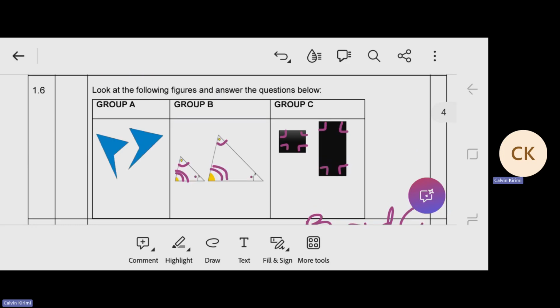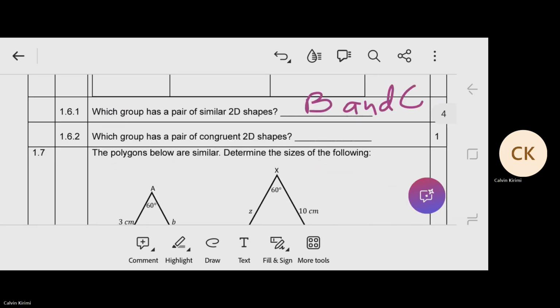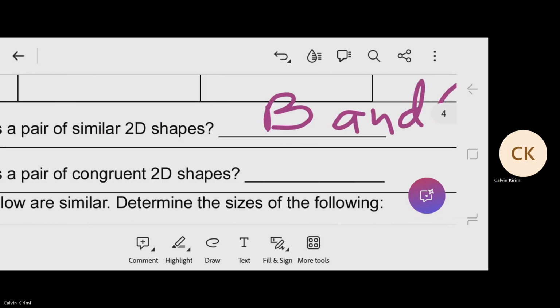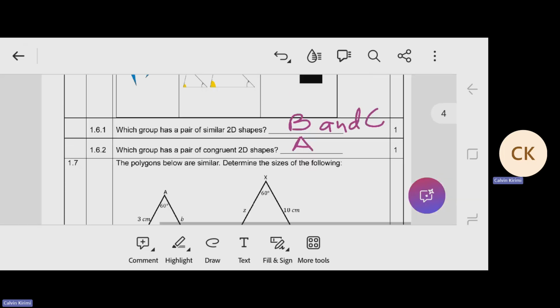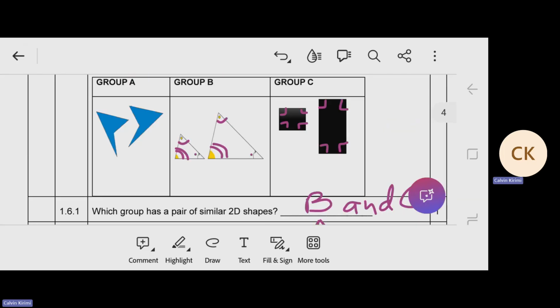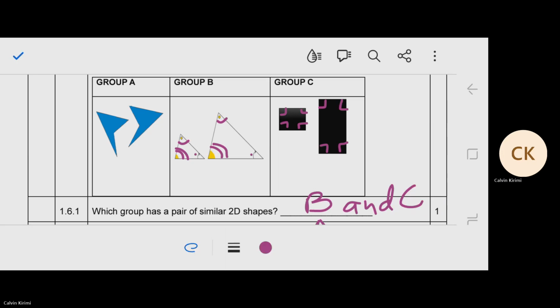It's A. The shapes are the same. Congruent means same size and shape. Then for group B, they are similar shapes but different size. So we must know those congruence and similarity.